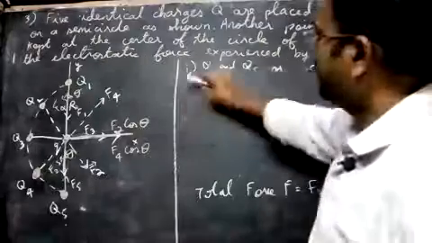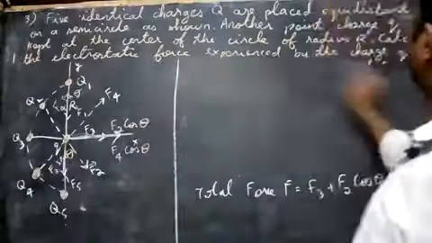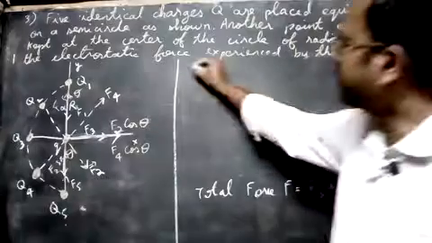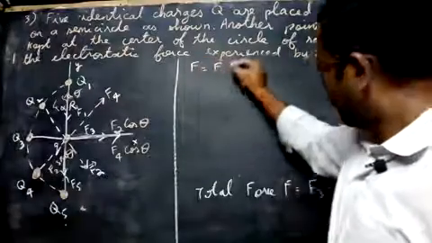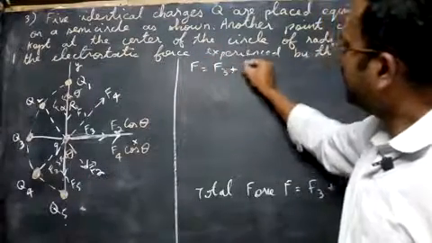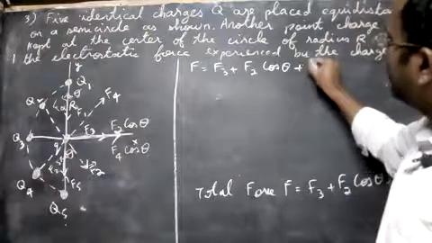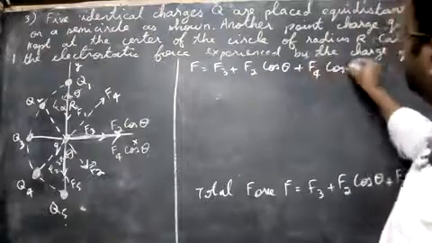It's very simple. I'll write this step here one time: F is equal to F3 plus F2 cos theta plus F4 cos theta.